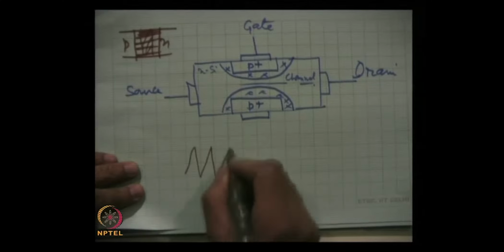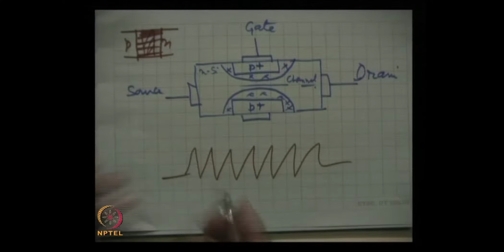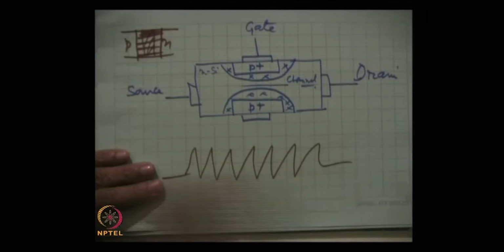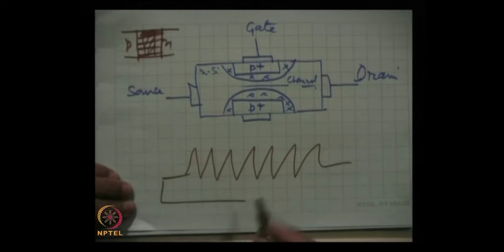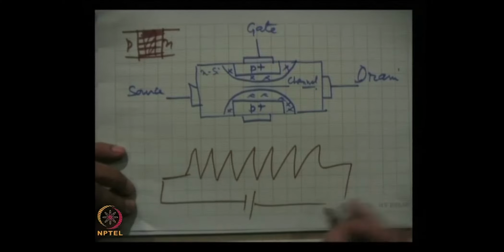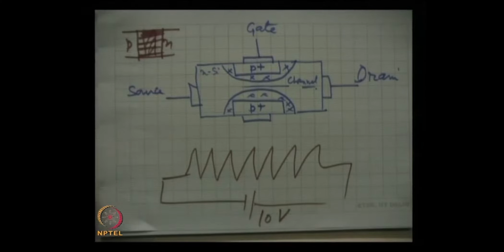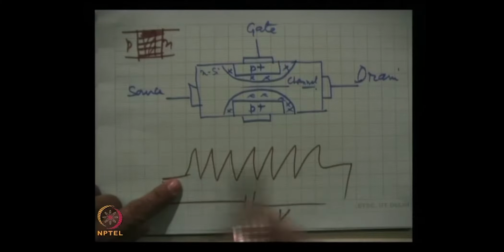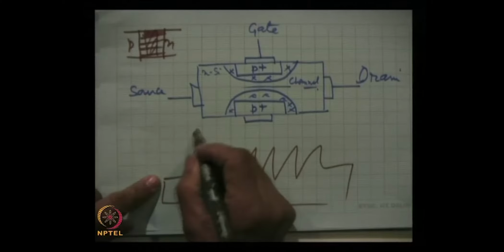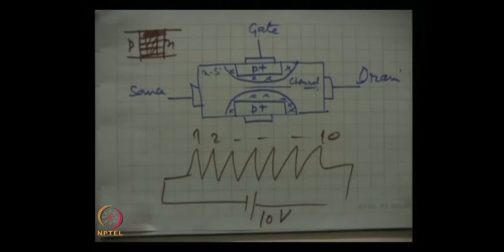suppose there is a resistance wire and these are 10 loops, and we apply here a voltage of 10 volts. I have not drawn all the 10, but roughly these are 10 in number, 1, 2 and 10.